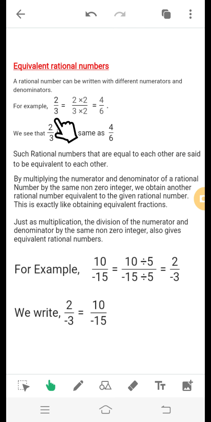Now just multiply both numerator and denominator by the same number: 2 multiplied by 2, 3 multiplied by 2. So it's 4 upon 6. So we can say that 2 upon 3 is equal to 4 upon 6, meaning these two are equivalent rational numbers.